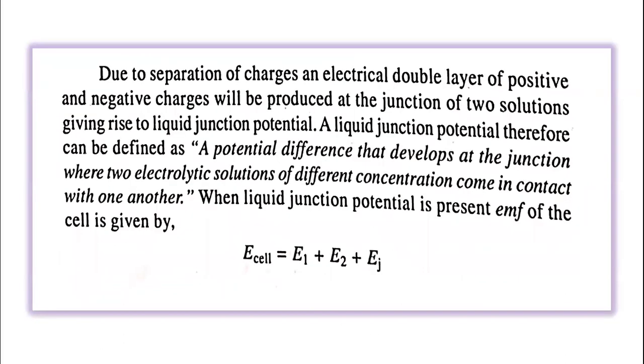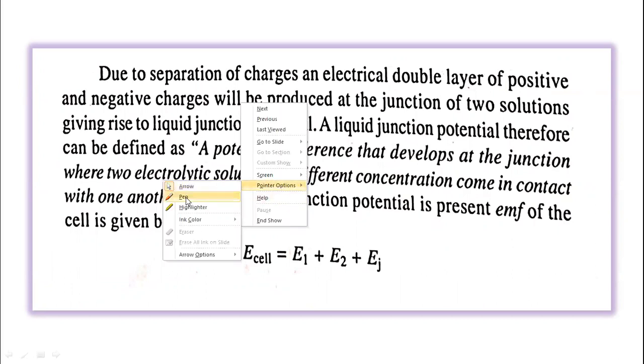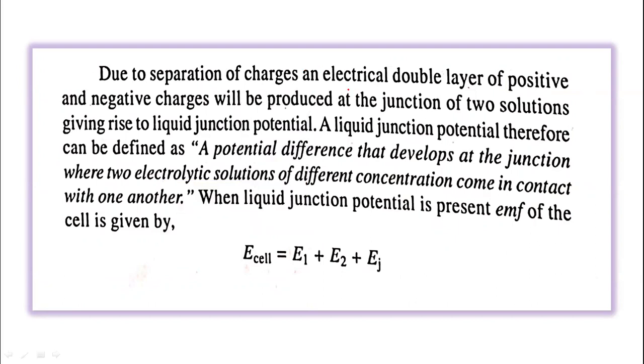In this way, charge separation takes place, and due to the separation of charges, an electrical double layer of positive and negative charges is produced at the junction of the two solutions, giving rise to the liquid junction potential.